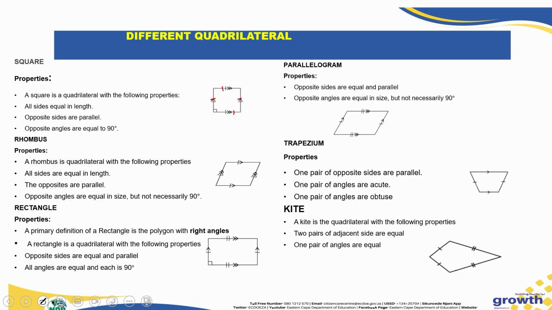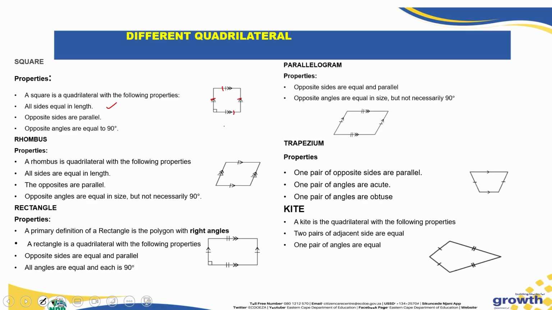Remember, we talked of regular polygons. A polygon becomes regular if all its sides are equal in length. Therefore, one of the properties of the square is that all its sides are equal in length. They are not only equal, the opposite sides are also parallel to each other.